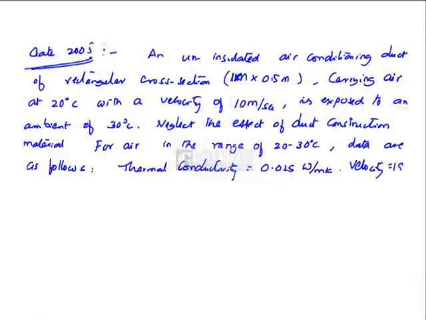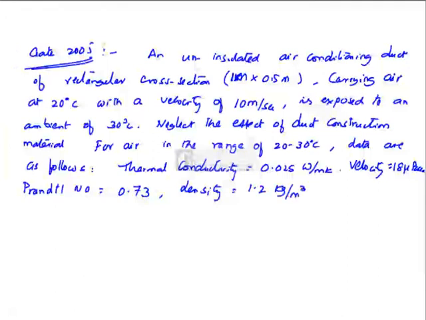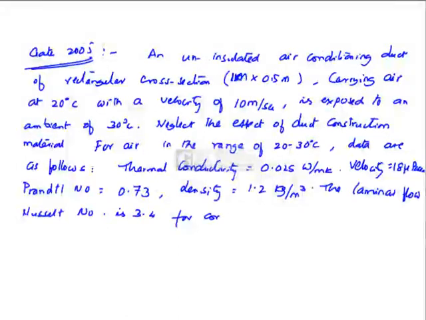Viscosity is equal to 18 micropascal second. Prandtl number is equal to 0.73. Density is equal to 1.2 kg per meter cube. The laminar flow Nusselt number is 3.4 for constant wall temperature.